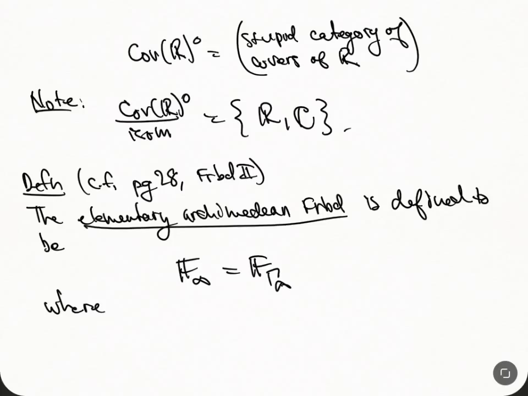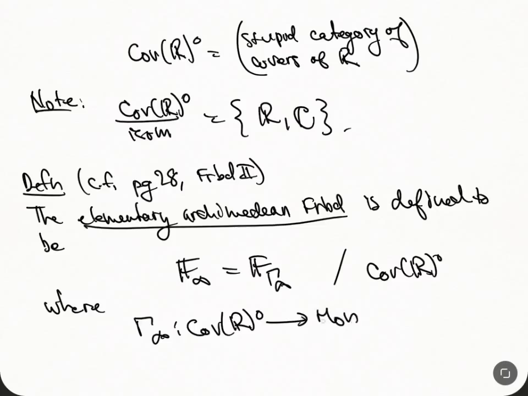This is going to be over these covers here, where this monoid, gamma infinity, takes K and maps it to the order of K, which is K star mod OK star.